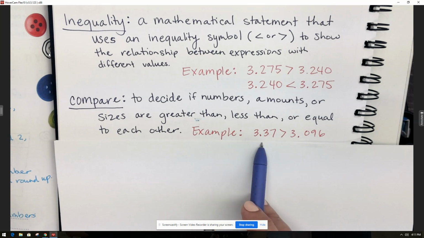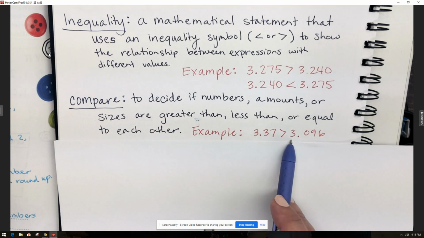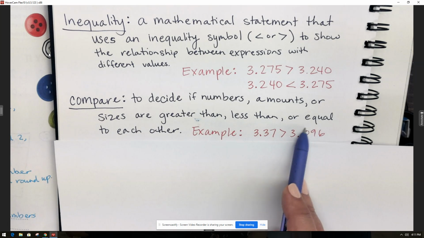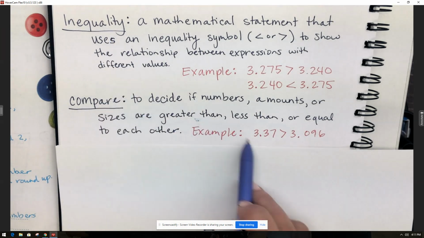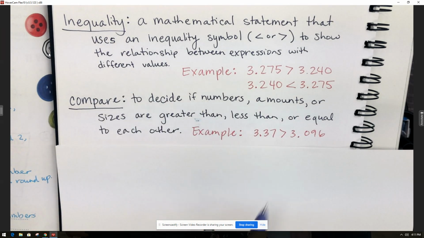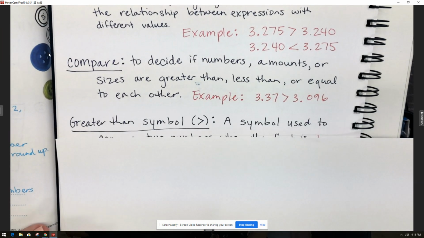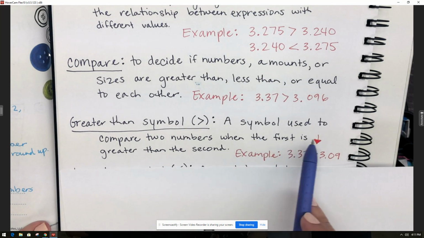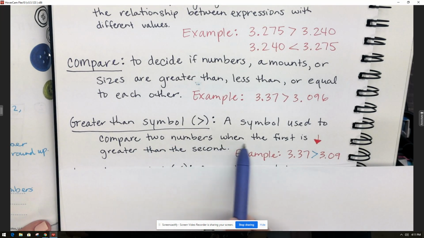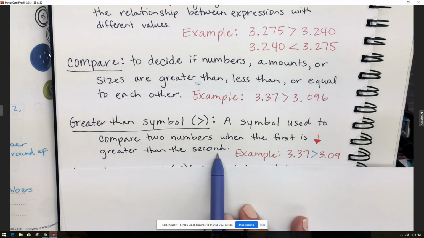So for example, 3 and 37 hundredths is greater than 3 and 96 thousandths. We're just comparing the two. So you'll usually compare by writing it as an inequality. Now the greater than symbol is a symbol that's used to compare two numbers when the first is greater than the second.